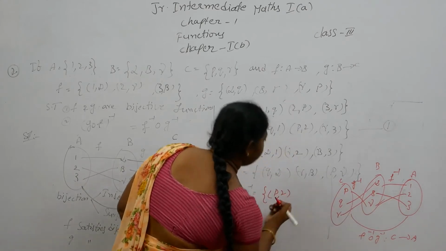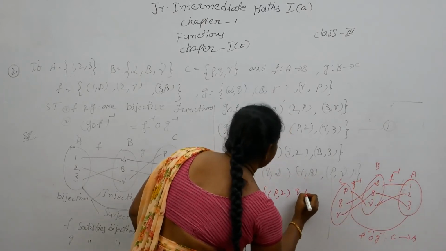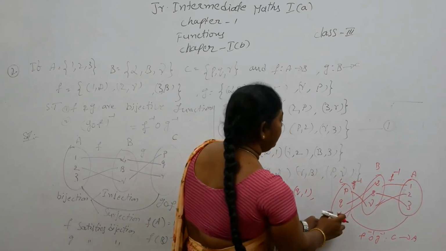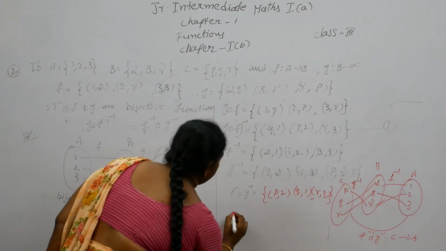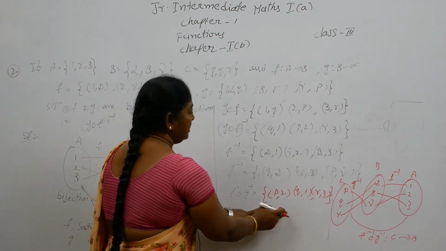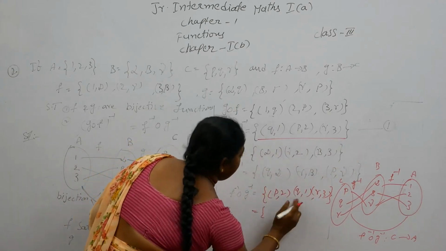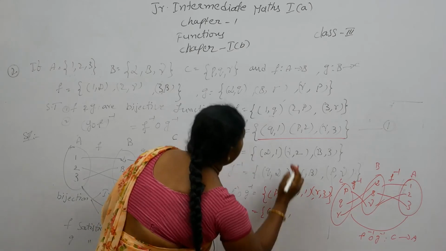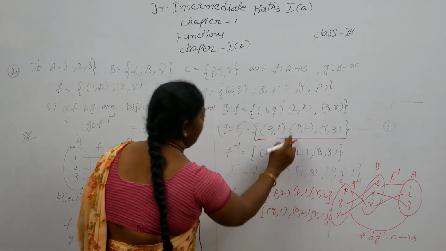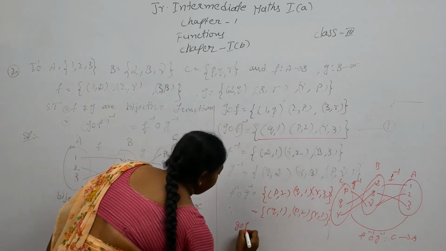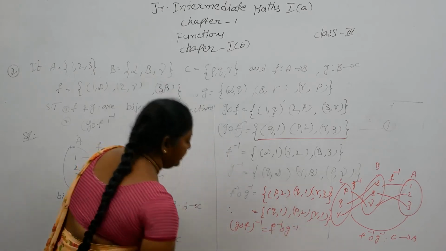So P comma 2. And again Q to alpha to 1. So Q comma 1 ordered pair. Like that R to beta to 3. Therefore f inverse of g inverse is equal to Q comma 1 and P comma 2 and R comma 3. These two are equal. Therefore g of f inverse is equal to f inverse of g inverse. Hence proved.